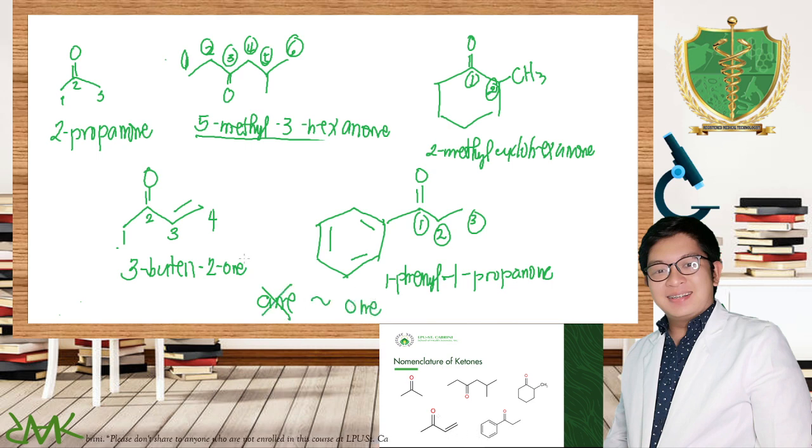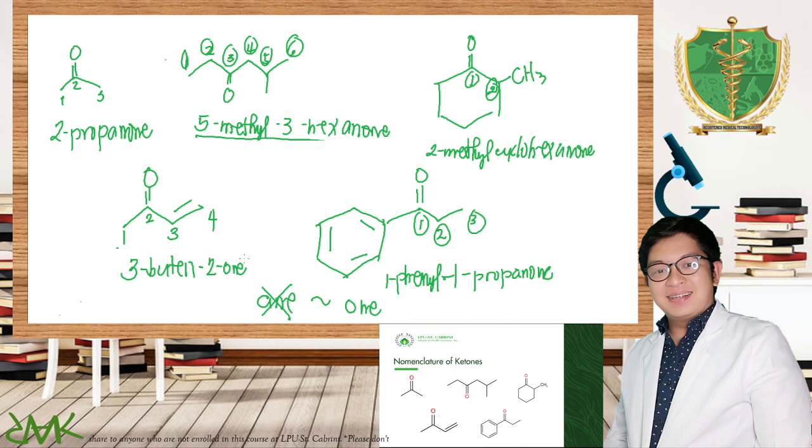Next, in aldehydes, there's no need to indicate the number. However, in ketones, number the chain from the direction that gives the carbonyl group the smallest possible number. We have to indicate our location of the carbonyl since it is on the middle of the chain.